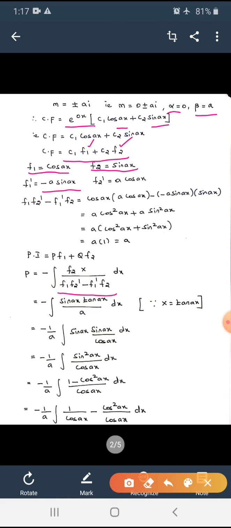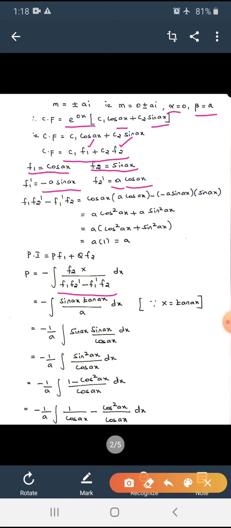Similarly, you differentiate f2, so f2 dash is equal to, now you differentiate sin ax: the differential of sin ax is cos ax into the differential of the inner term ax, which is a. Therefore f2 dash is a cos ax.